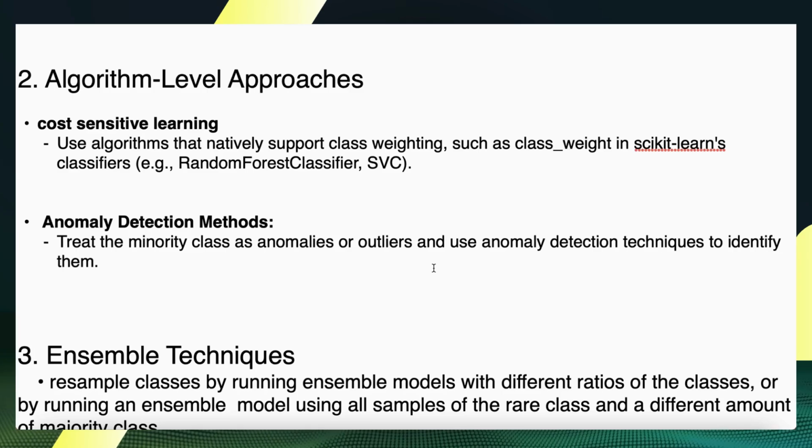Second approaches are based on the algorithm. Now we talked about data. Let's suppose we are not able to solve it using the data level approaches. We can think of some algorithms. So we can have cost sensitive learning. Some algorithms support class weights. What they do is assign a higher weight to the minority class, whereas a lower weight to the majority class.